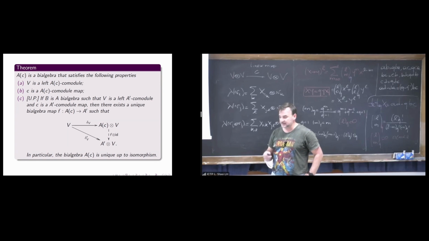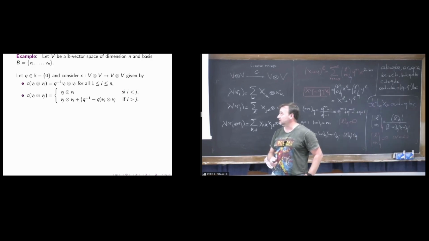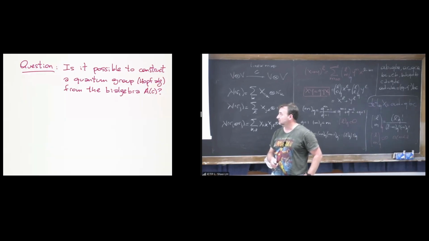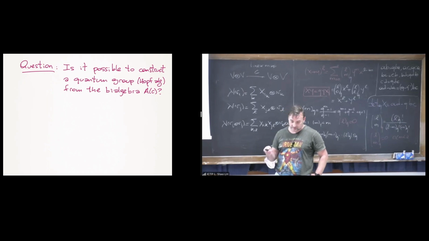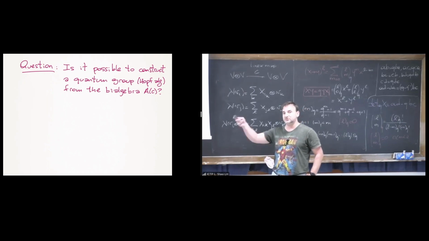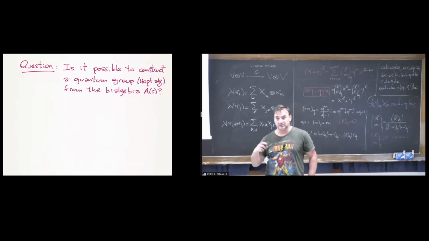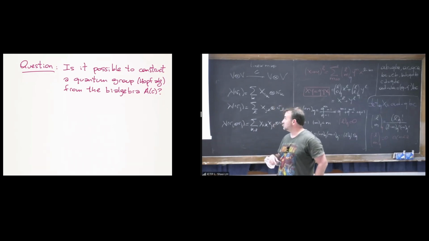Not a bialgebra, but a Hopf algebra. So we want a Hopf algebra, not only a bialgebra. So how do we get a Hopf algebra from this bialgebra? We try to reproduce the idea that I showed you before. There should be a determinant, and then we use the determinant to define the quantum group. So we need to find and prove the existence of determinants.